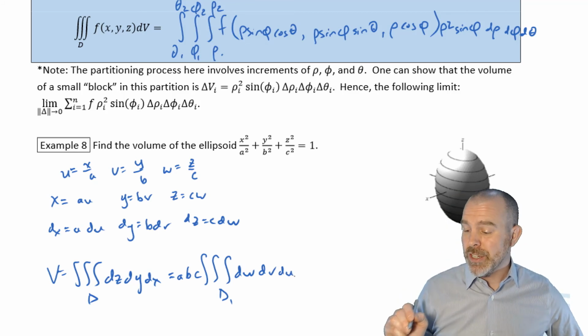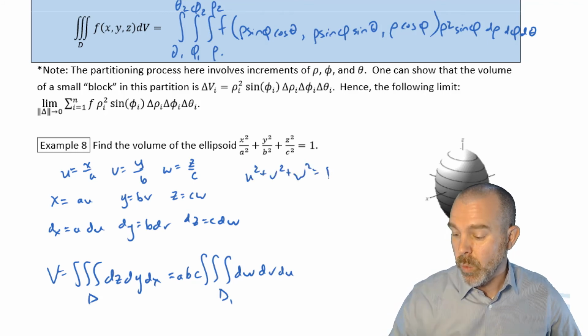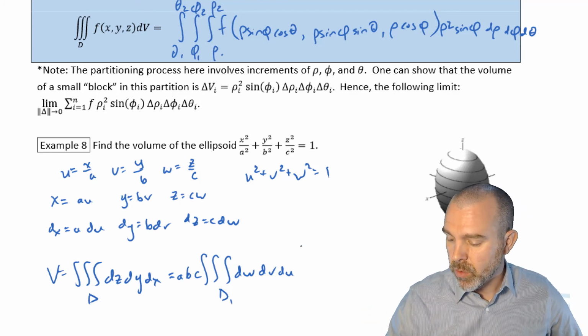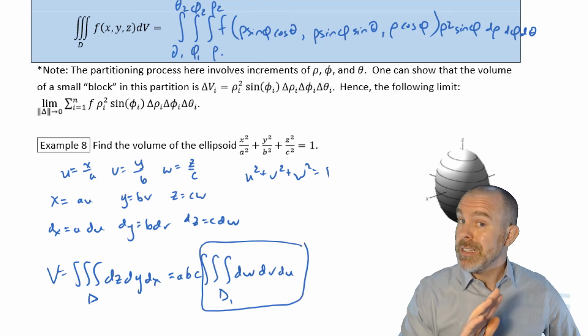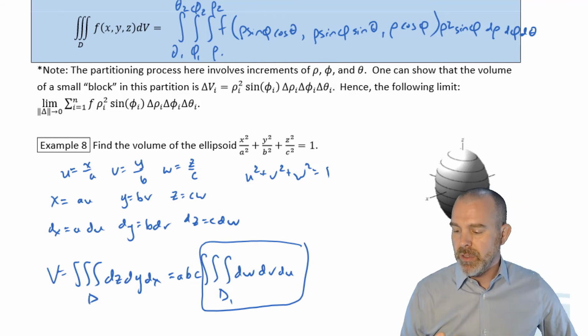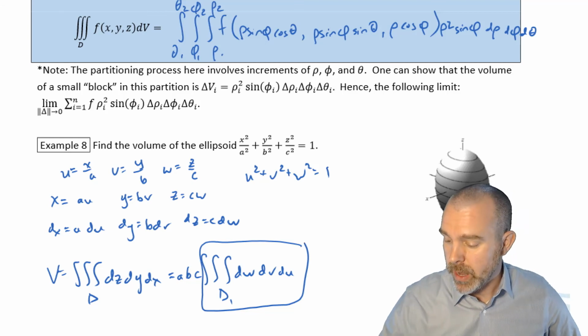But let's look at what the region is. If we do that substitution, it's just u squared plus v squared plus w squared equals 1. So ignoring the a, b, c now, the triple integral over this new region of dw dv du is simply the integral over a sphere of radius 1.